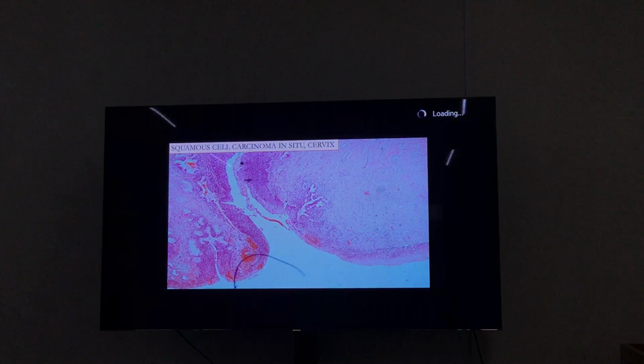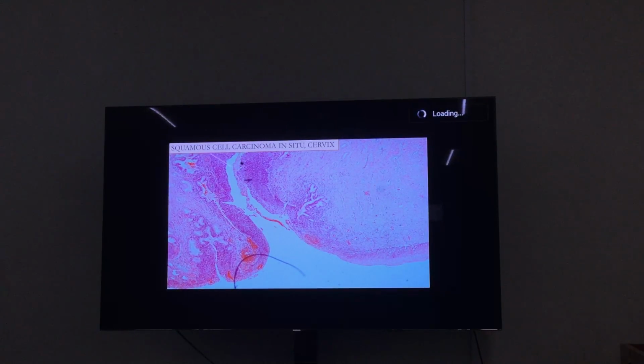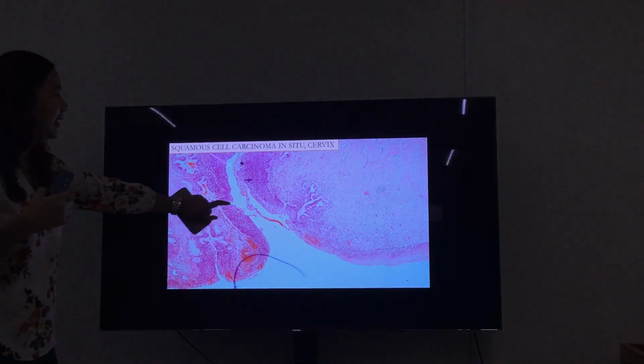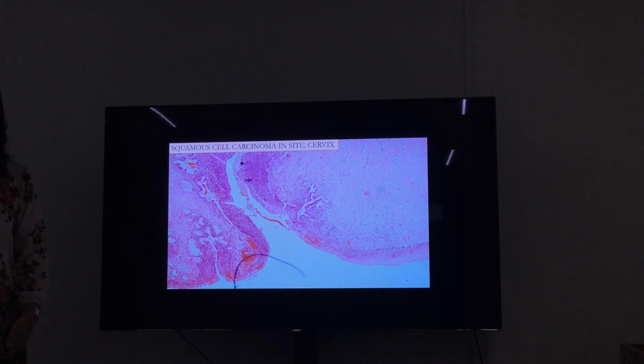So, first slide is carcinoma in situ of the cervix. Okay, so carcinoma in situ, ano yung ibig sabihin ng carcinoma in situ? The atypical cells or these plastic cells are just confined within the epithelial layer.